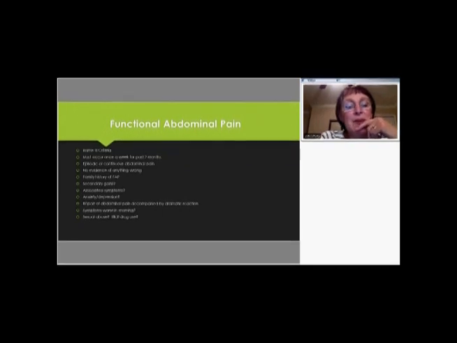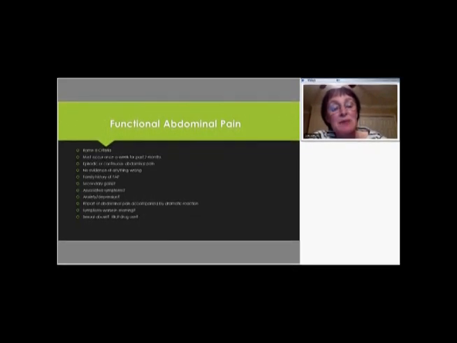Functional abdominal pain, some people have. It occurs at least once a week for the past 2 months, and it can be episodic or continuous. There's usually nothing there to cause it, but there is a family history of it. Sometimes people think it's secondary gain.